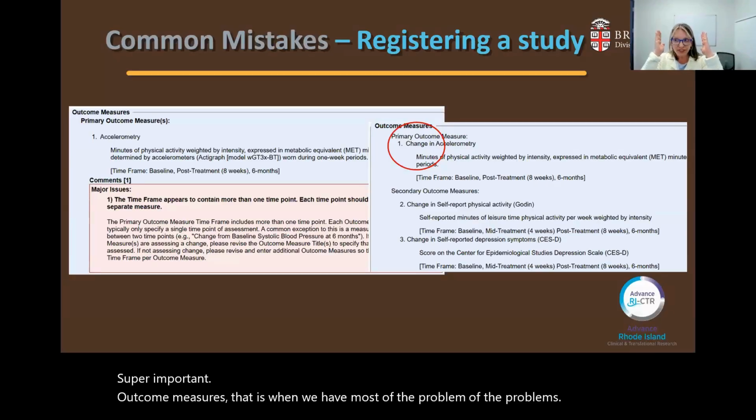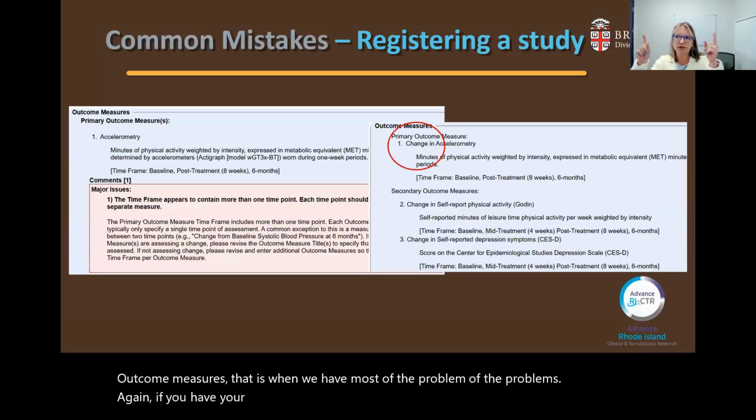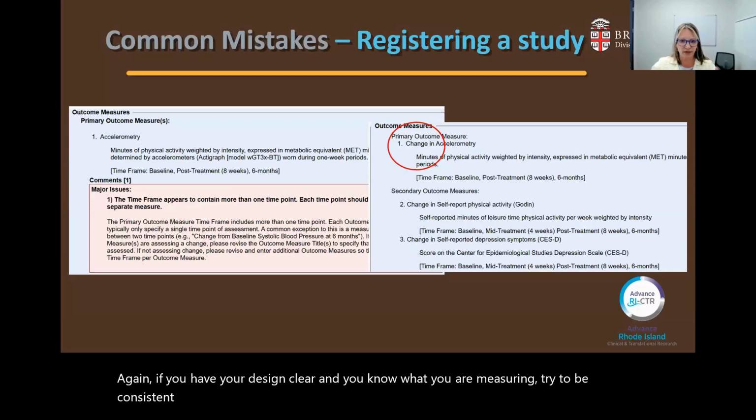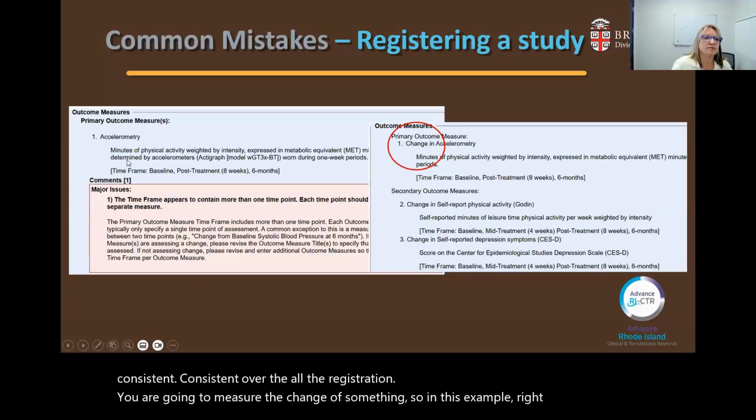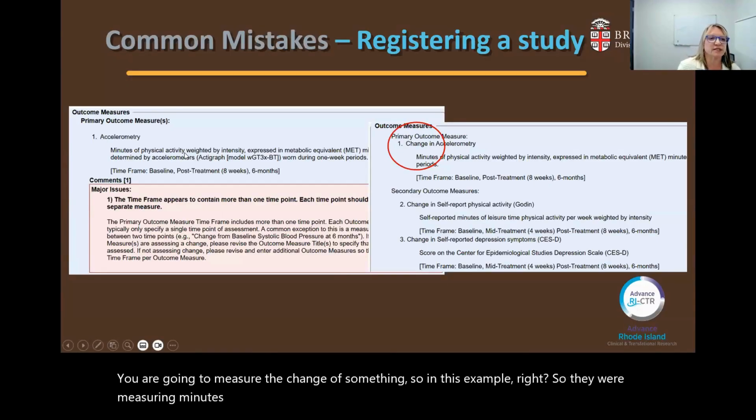Outcome measures, that is when we have most of the problems. Again, if you have your design clear and you know what you are measuring, try to be consistent over all the registration. If you are going to measure the change of something, so in this example, they were measuring minutes of physical activity, weighted by intensity, expressed in metabolic equivalents, that doesn't matter at this point.